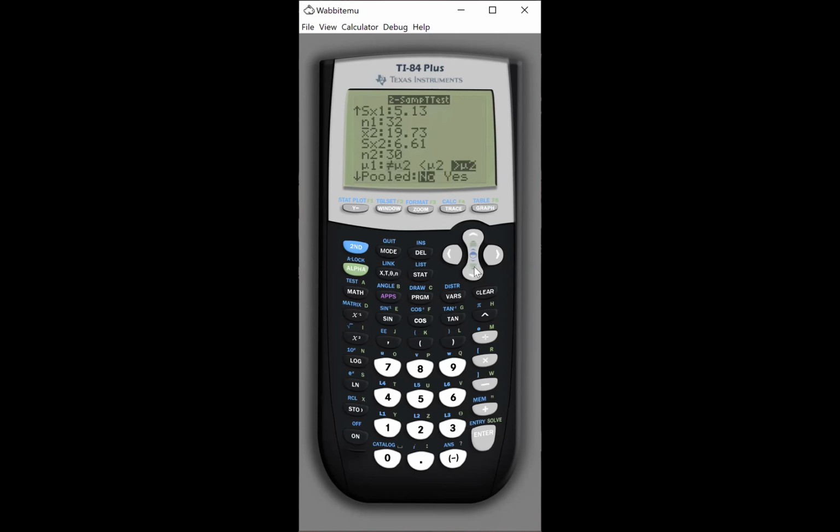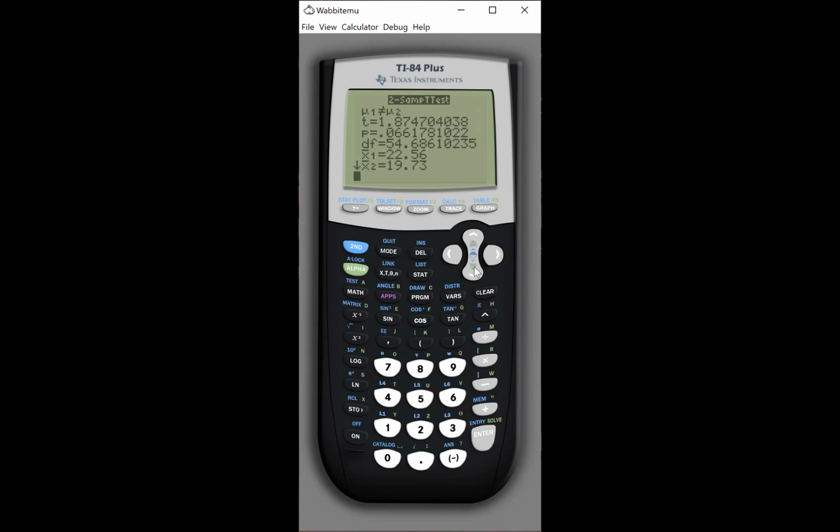All right, so if you remember for this one, we put not equal to because we just want to prove there's a difference between the two of them. And we say it's no pool, because you don't have the same standard deviation. So now I go over to calculate. If you go to calculate, you get t value is equal to 1.874.